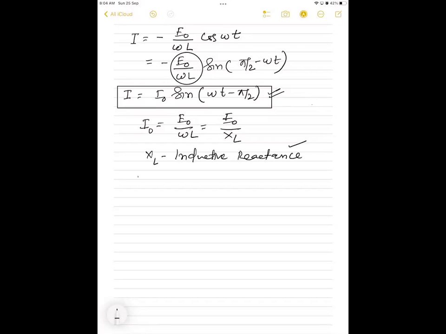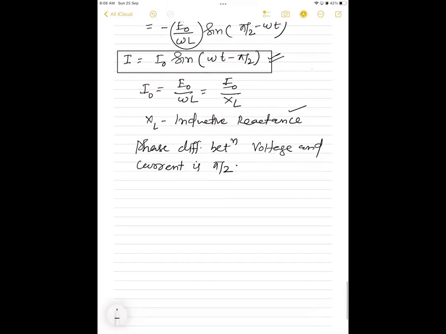So here phase difference between alternating voltage and current is pi by 2, correct? That means current lags behind the voltage by a phase angle of pi by 2, right?